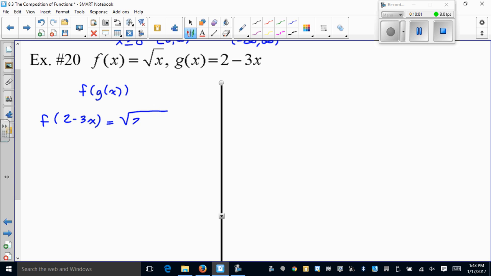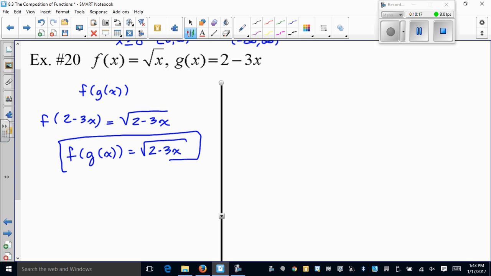So f of g of x is the square root of 2 minus 3x. Nothing more to be done here. Now, the domain, we're going to talk in class about domain.